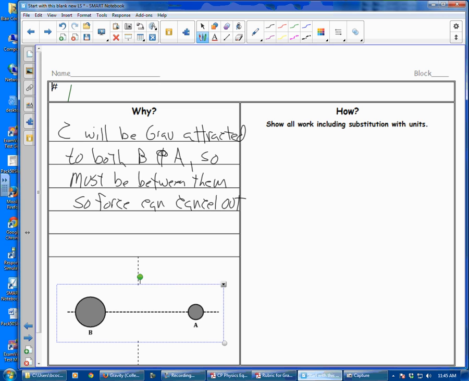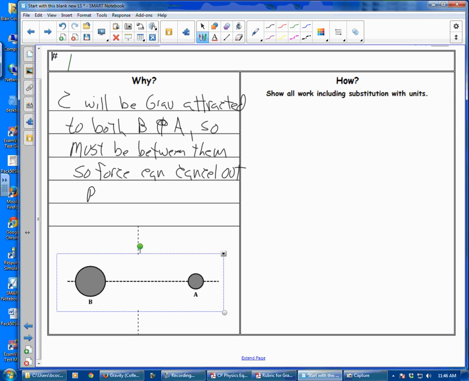And I agree with Sarah that I'm going to predict that it's going to be closer to A since A is less massive. So I might put something like probably closer to A since A less massive.